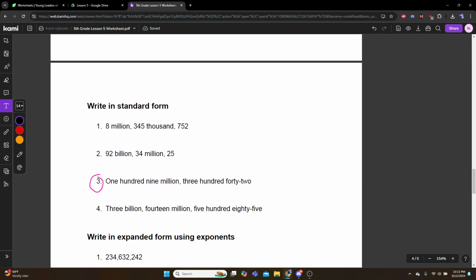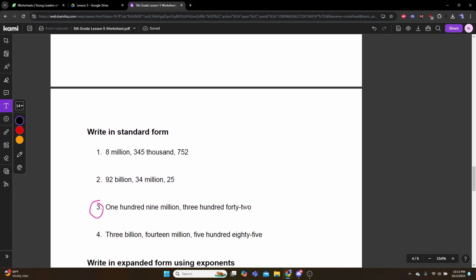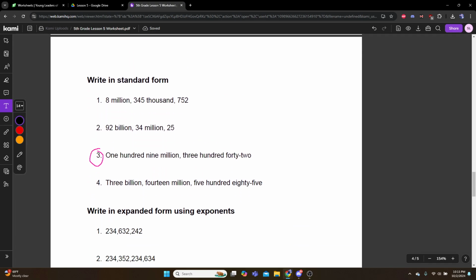Now, write in standard form. For number three, we have 109 million, 342. If we identify how many digits the 100 millions place has, then we have to look at how many zeros it would have.